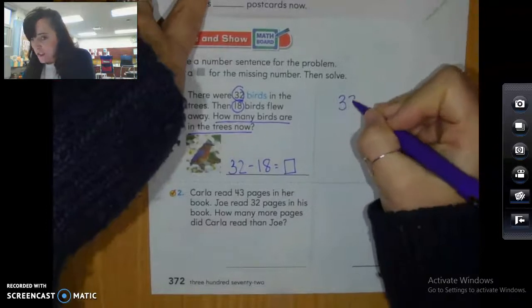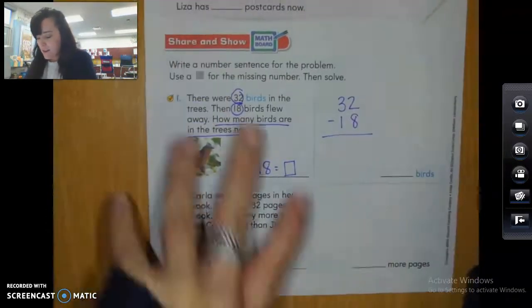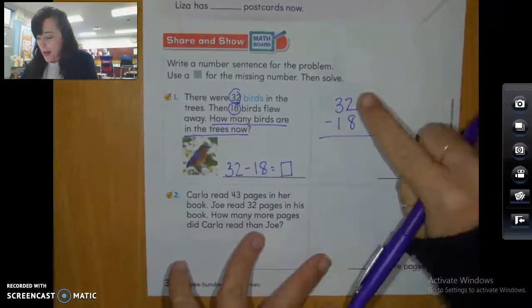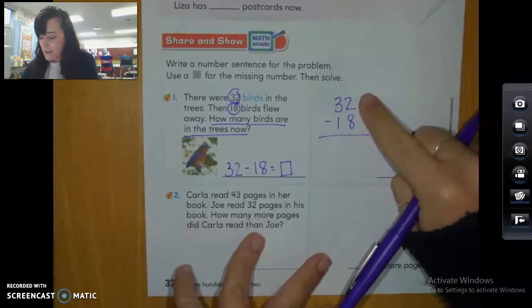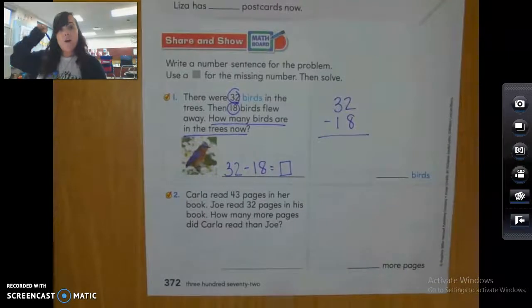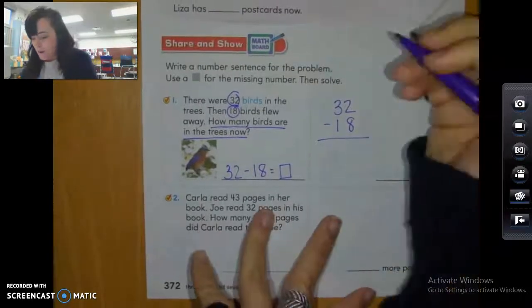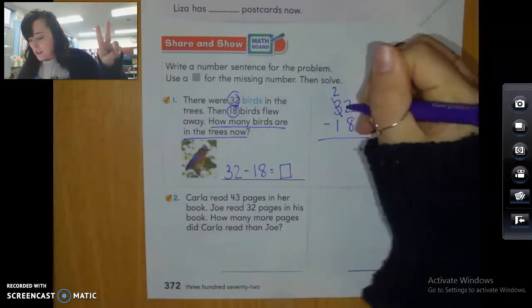So, I have 32 minus 18. I'm starting with my ones like always. We have 2 minus 8. Is there more on the top or more on the floor? More on the floor. Go next door. We have 3 tens. We're taking one of those tens to add to the ones.